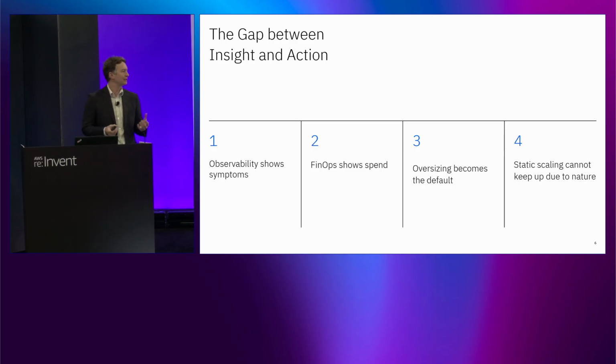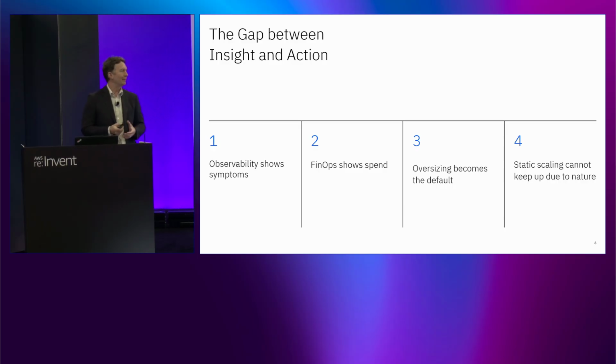So again, you have this problem where even with some of these other solutions, in general, oversizing becomes the default, where many of our customers who come to talk to us about this problem will essentially say, because I'm worried about performance and maintaining my SLOs, I'll just oversize what I have in the public cloud or in certain cases in the private cloud.